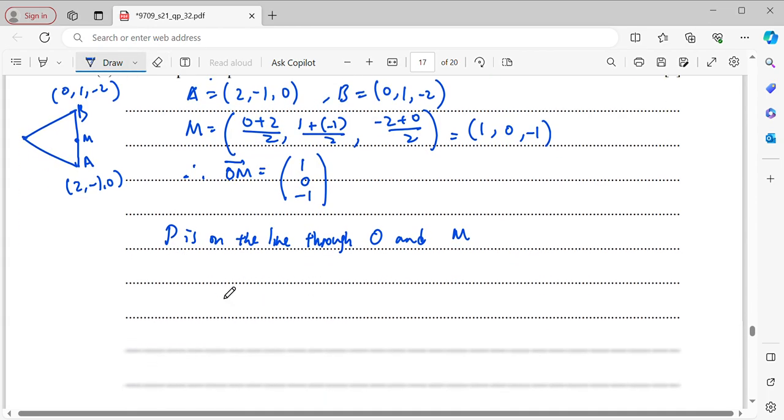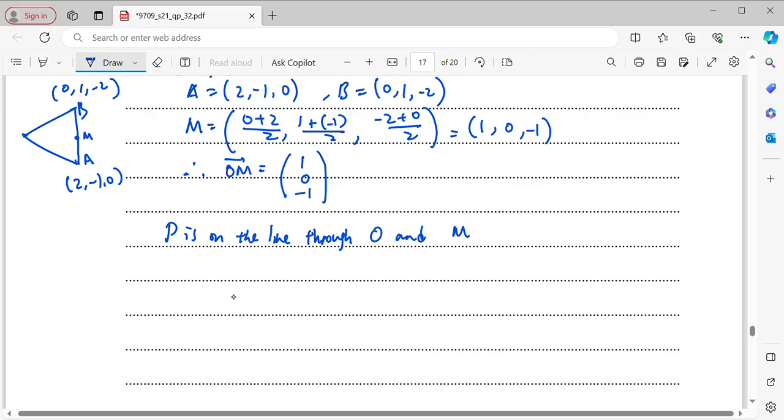The line is basically A plus tB. Now the A is the O, so I will just write plus t OM, because it's through OM. The direction vector of the line is OM, so this is t times (1, 0, -1).